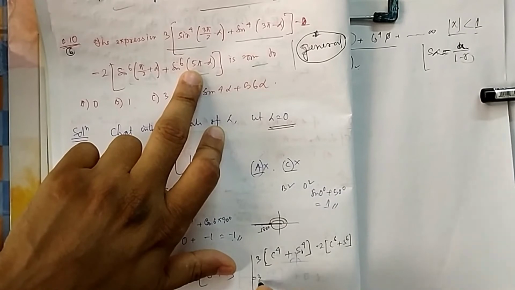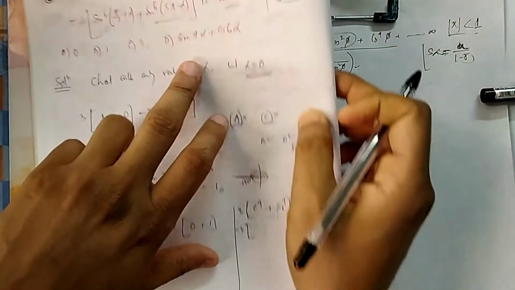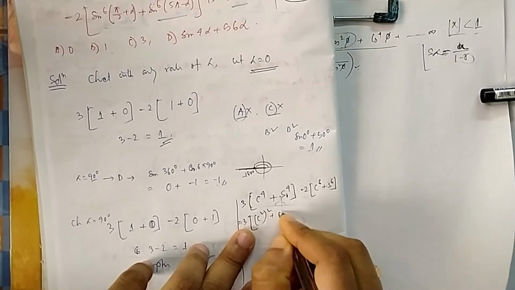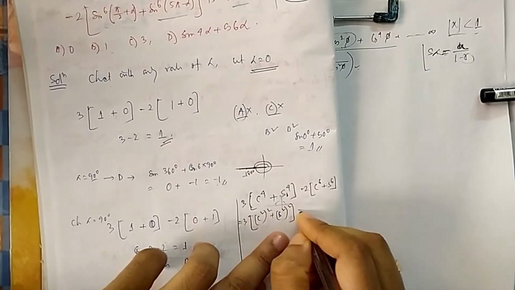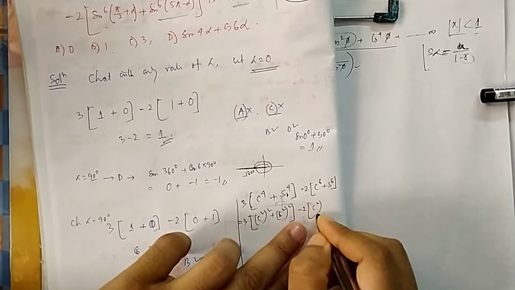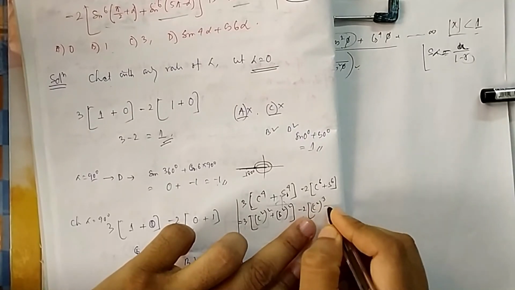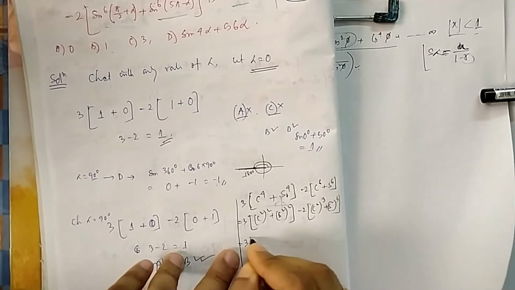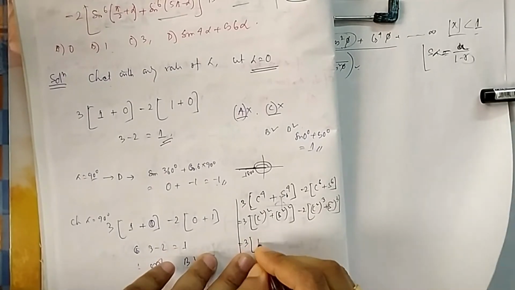So you can apply here sin square plus cos square, you can write a square plus b square of this format, minus 2 into a cube plus b cube. Here if you put a square plus b square, it is a plus b whole square. What is a plus b?